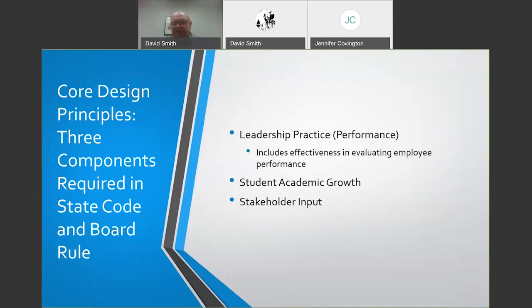This is R277-533, that principals are to be evaluated on their ability to evaluate educator performance. And that is built into the rubrics in a couple of different places. So leadership practice includes that. The second one, as I just talked about, is student academic growth. And the third one is stakeholder input. So when the system was designed, we took into account those 3 parts that are required by law.